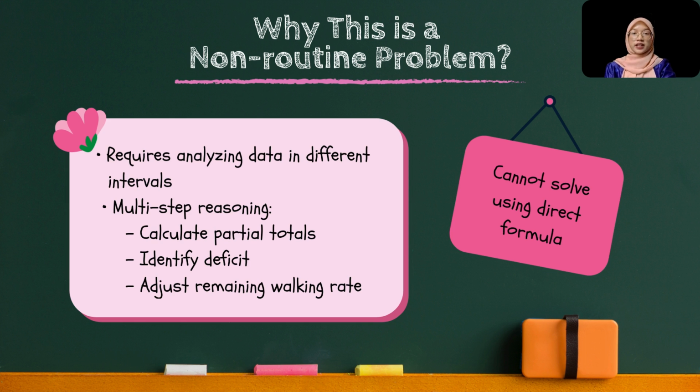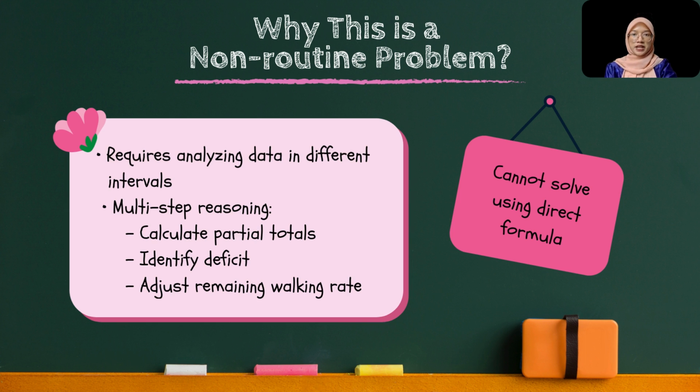This problem is non-routine because it cannot be solved using a direct formula. It requires analyzing data in different time intervals and using multi-step reasoning, such as calculating partial totals, identifying the deficit, and adjusting the remaining working rate.